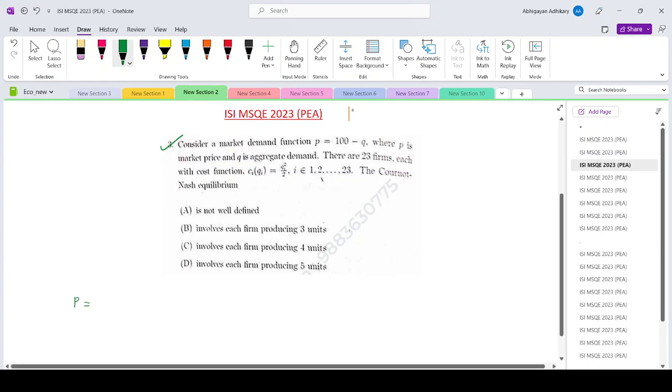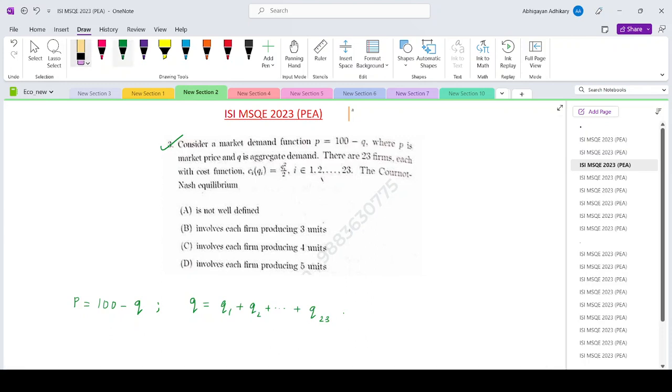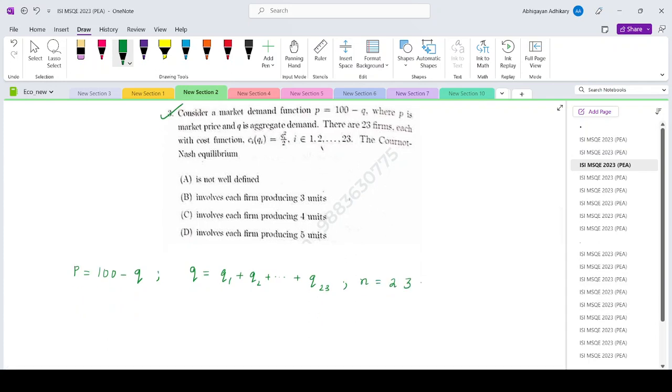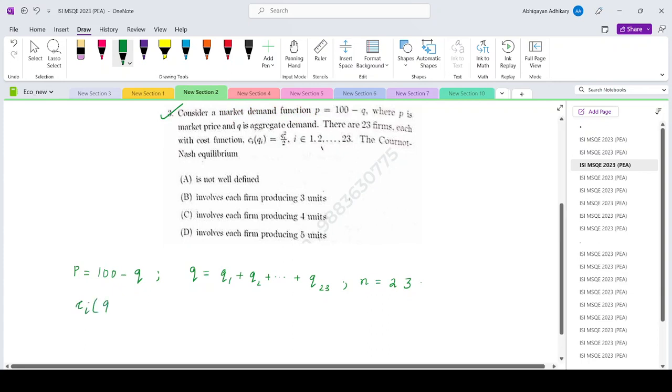So the inverse demand function is P = 100 - Q, where Q is basically Q1 + Q2 + ... + Q23, because there are 23 firms in the market. So N = 23. The cost function Ci(Qi) is basically Qi² divided by 2.